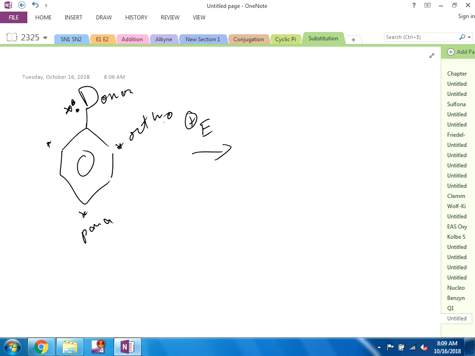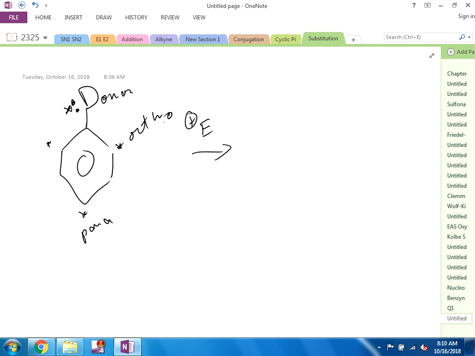In fact, look in your book. They show you lots of resonance structures showing that those positions have extra electron density. Statistically, the ortho is favored over para. Why? Because how many ortho positions are there? 2, so the odds are that you'll substitute ortho.